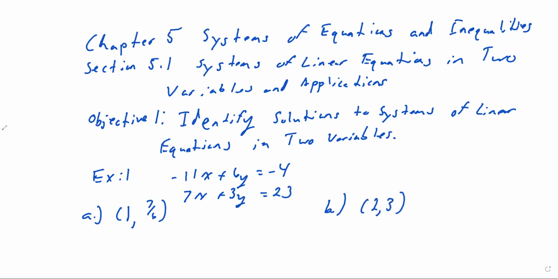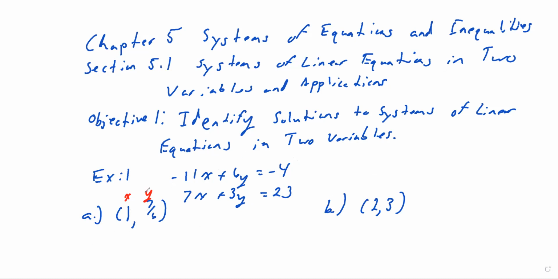Well, all you have to do is take these values. Remember, this is a coordinate, so it's x comma y, and plug it into both equations. Now, the moment one doesn't work, you're done. But if one works, you do have to check the second one.